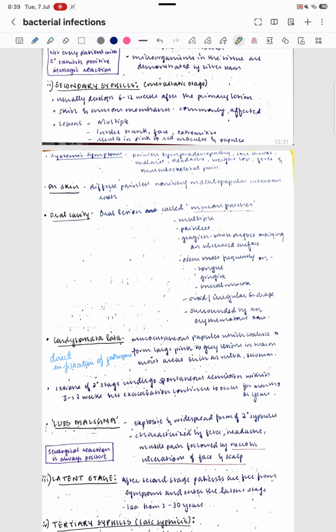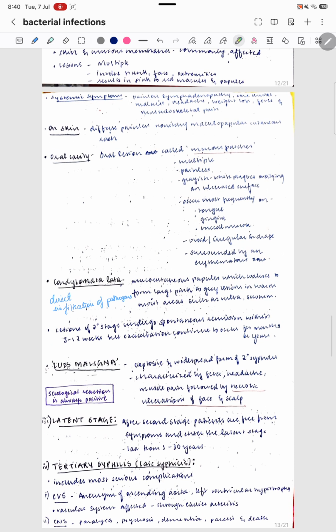Systemic symptoms are painless lymphadenopathy, sore throat, malaise, headache, weight loss, fever, and musculoskeletal pain. On the skin, a diffuse, painless, non-itchy maculopapular cutaneous rash is seen, and in the oral cavity, the oral ulcer is called mucous patches.